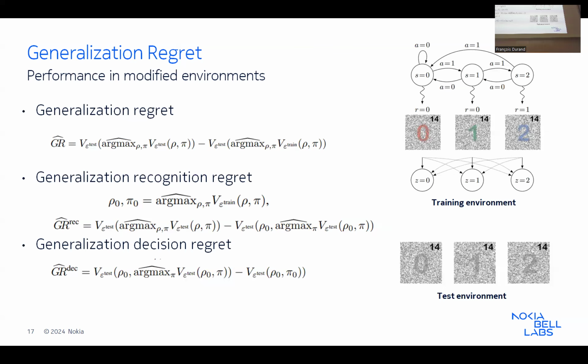That difference is what we get due to generalization. And then, again, without going into the details of the equations, just as we did before, you can split that generalization regret up into a piece that tries to get at how much we're losing due to a suboptimal recognition policy and how much we're losing due to a suboptimal decision policy.